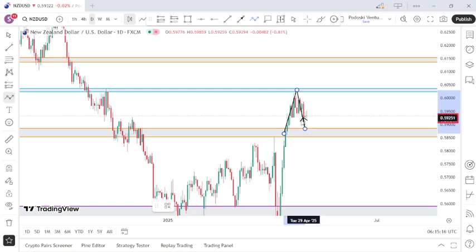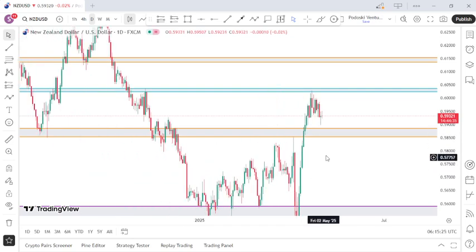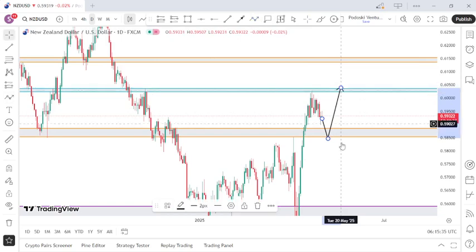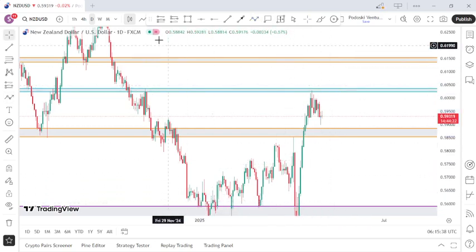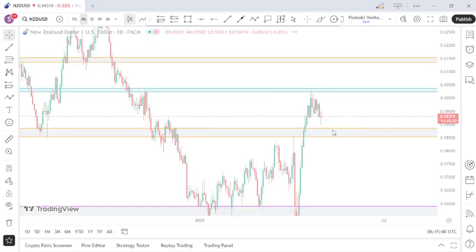We are seeing a buying momentum coming in, but the drop was unable to tap into the zone. So would NZDUSD be able to move to the upside from here, or will price drop to the zone before the buy comes in? Let's go to the 4 hour and find out, and also prepare for an entry from there.